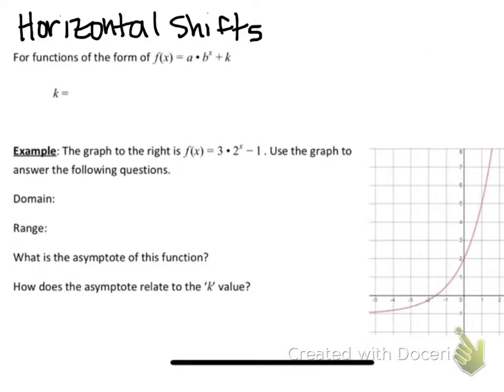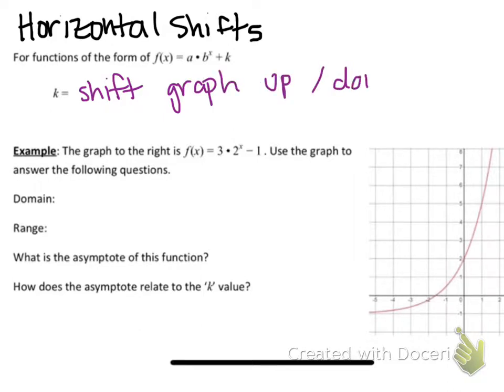Vertical shifts. Your k value is always going to shift your graph up or down. Again, I'm never going to make you do this without a calculator, but it's good just to have a general understanding on how these work. So here, because there's a -1 on the outside, that has shifted my graph down 1 unit. My domain will still be negative infinity to infinity, because it'll grow forever.